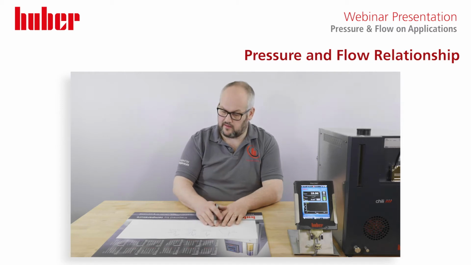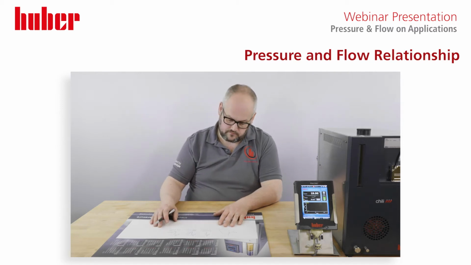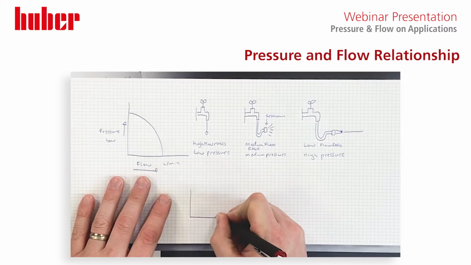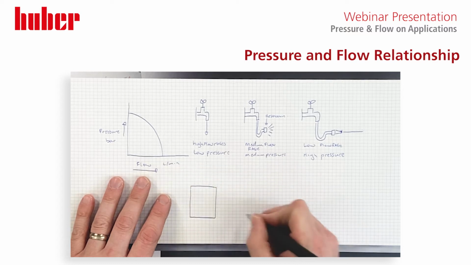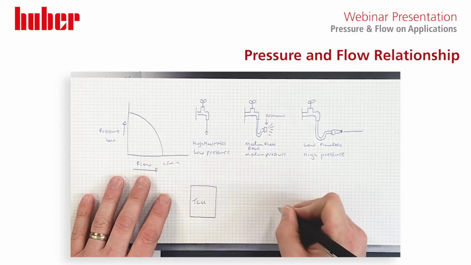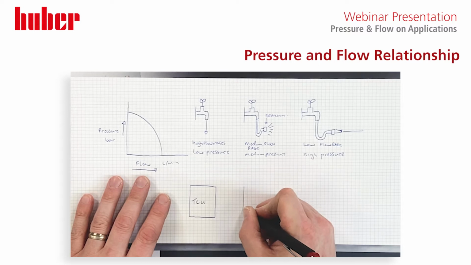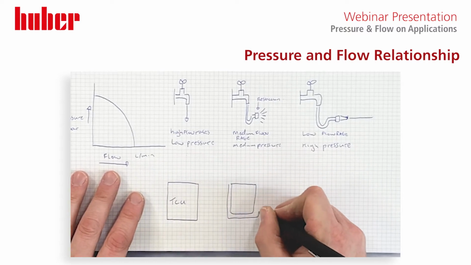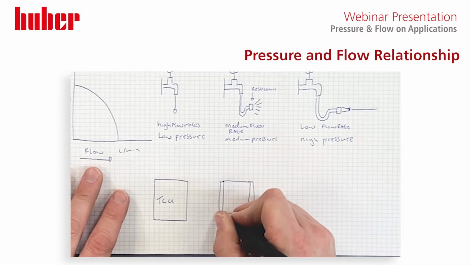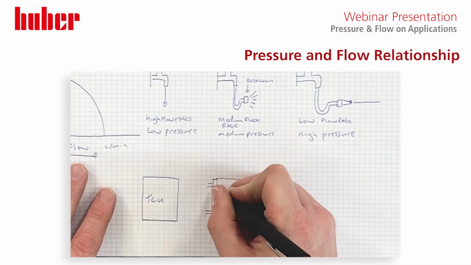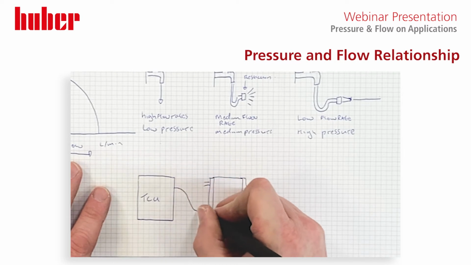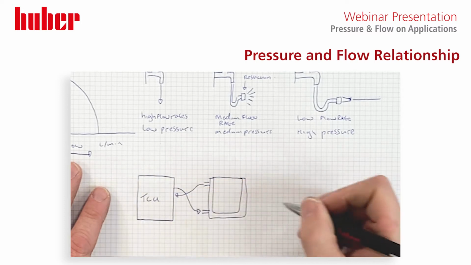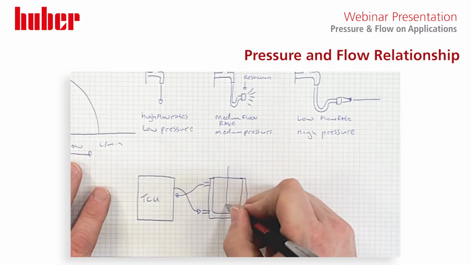But how do I relate this to my reactor system? So we'll do a basic graph here and then we'll start talking about some individual units. So if I put my TCU here and my reactor body, and obviously we've got our fluid in at the bottom and back out at the top for optimal temperature control.